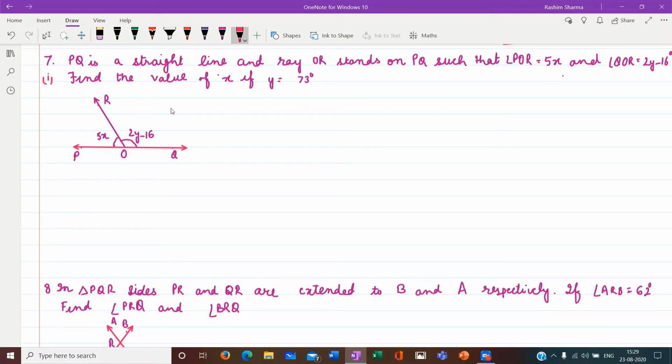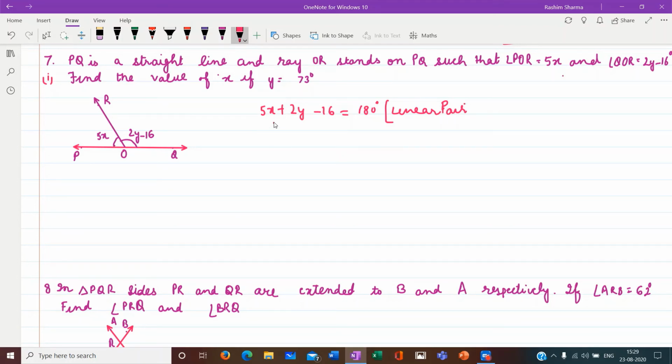This is the first part of the question. So we can write here 5x plus 2y minus 16. I think you know, children, it should be equal to 180 degree because it is a linear pair as we have done in the previous question.